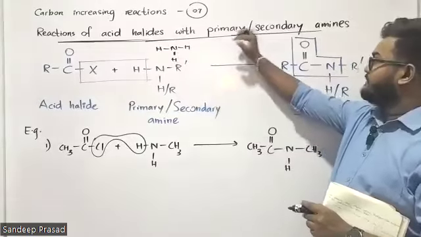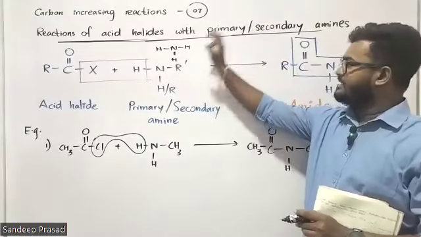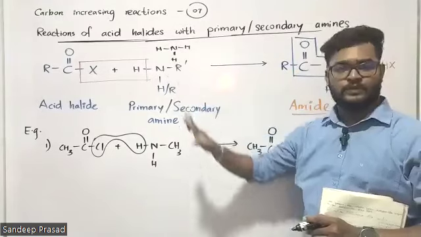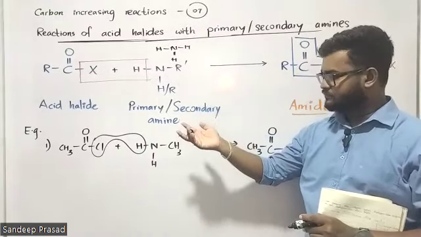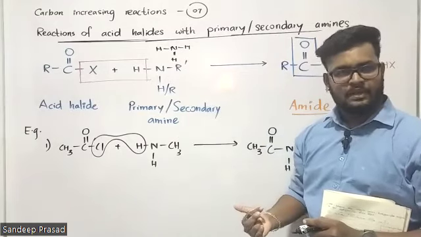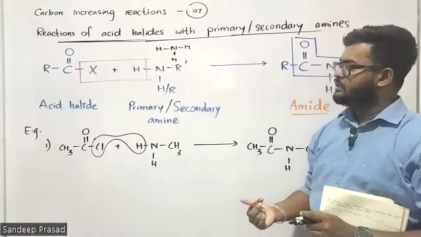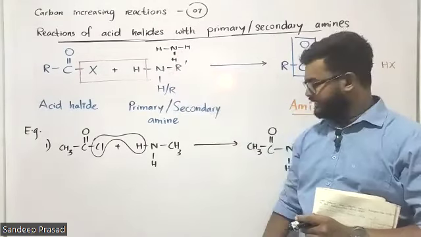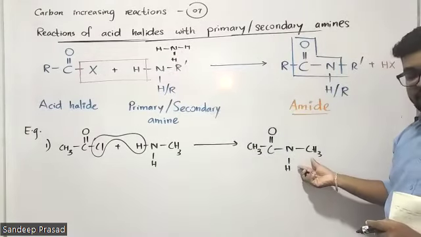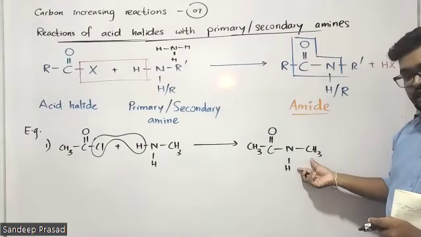So not only primary and secondary amines, I can add ammonia here as well. I didn't mention that specifically, but let's discuss it as an example. Ammonia can also react with this acid halide, producing a primary amide as there are two hydrogens.